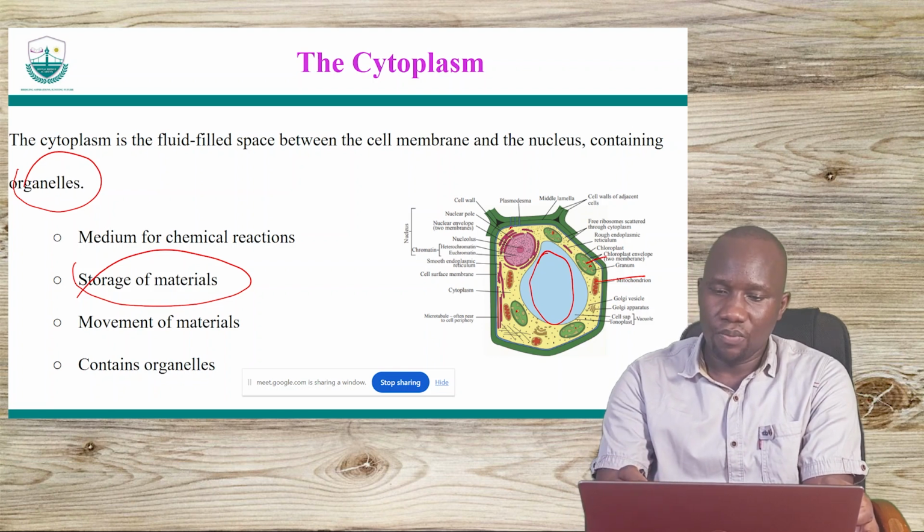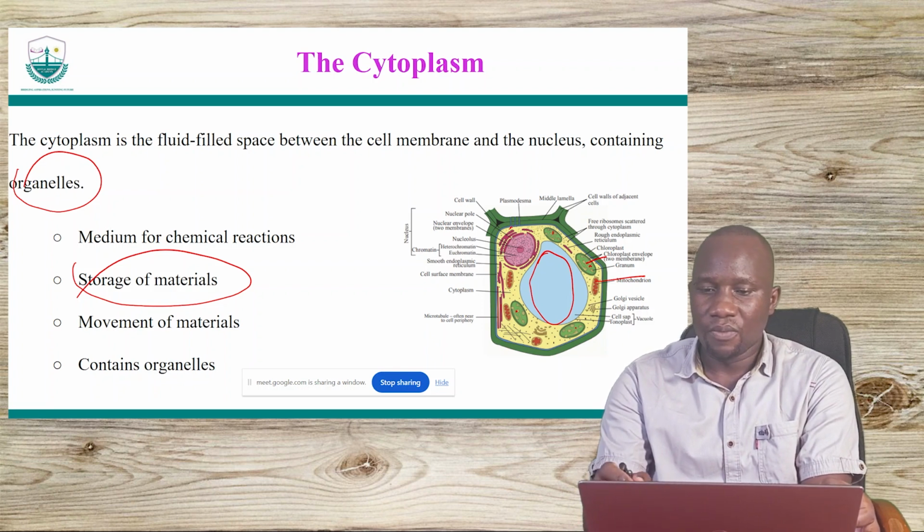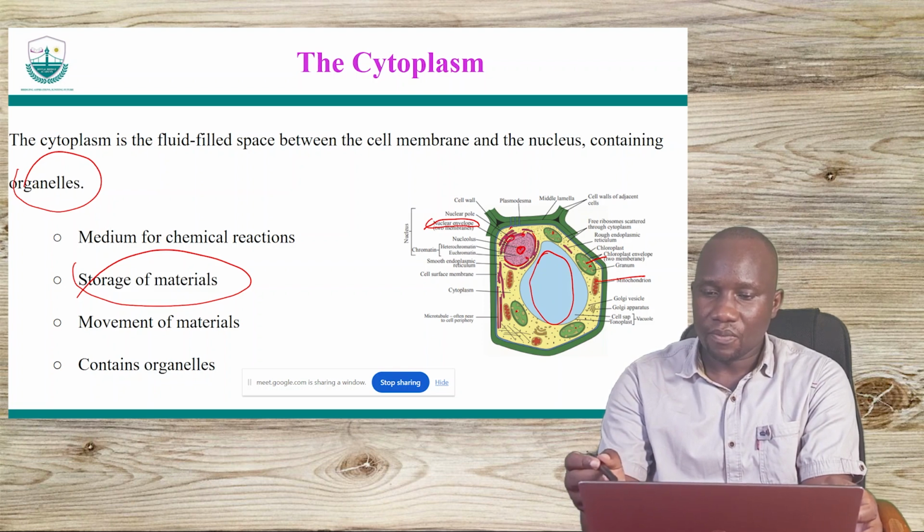And then you come to the nucleus with its nuclear envelope here. The nucleus also has pores. We call them nuclear pores. Okay. And then you have the nucleolus, this part here.